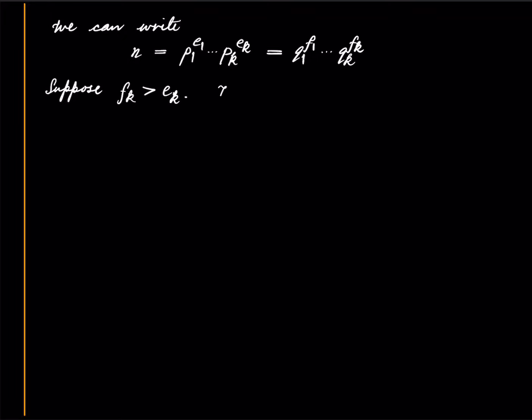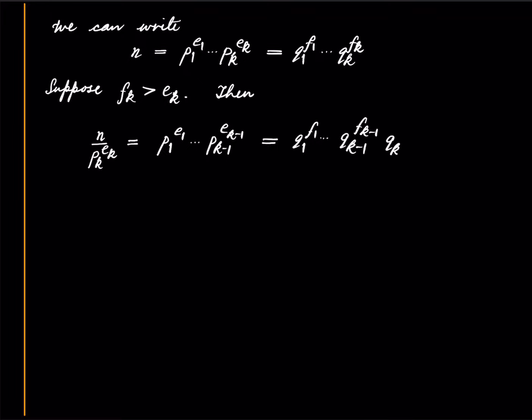Then n by pk to the ek, which is an integer, equals p1 to the e1 dot dot dot pk minus 1 to the power ek minus 1, equals q1 to the f1 dot dot dot qk minus 1 to the fk minus 1 times qk to the fk minus ek.